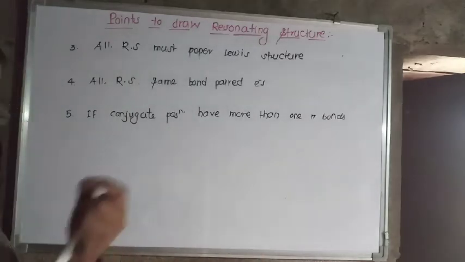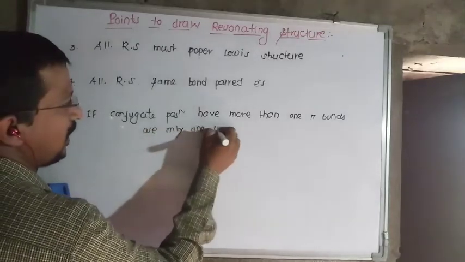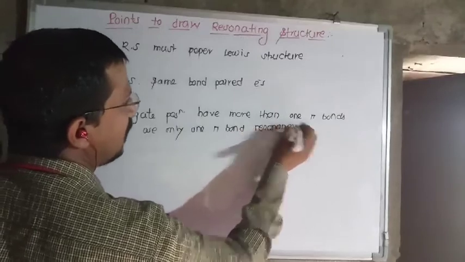In that case use only one pi bond in resonance. रेझोनन्समध्ये एकच पाय बॉन्ड वापरायचा.